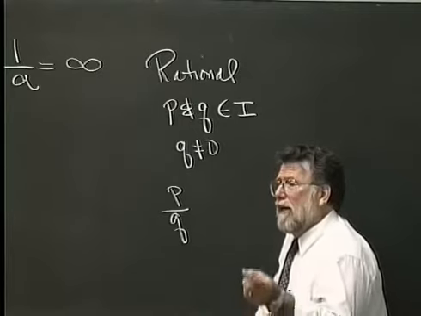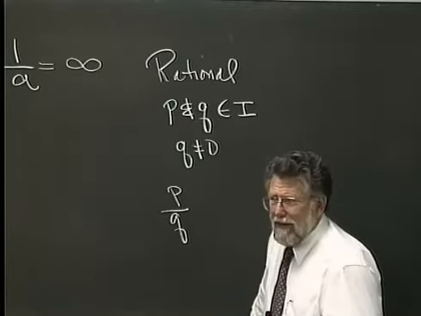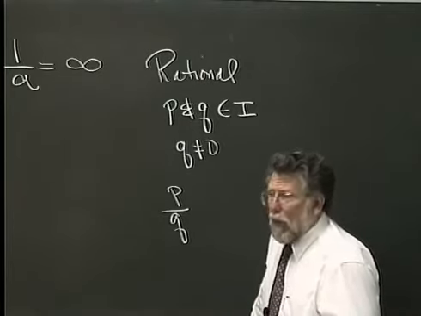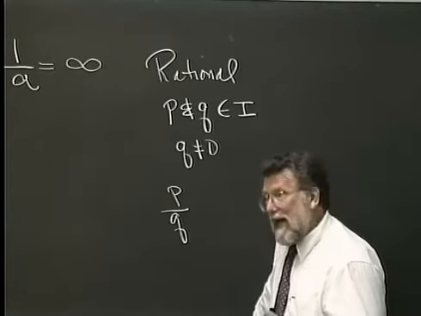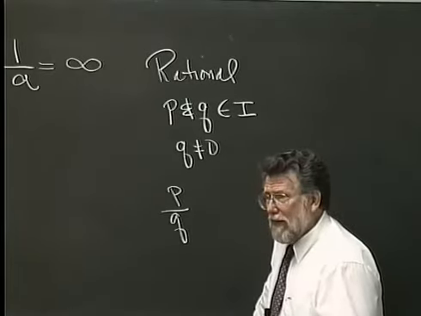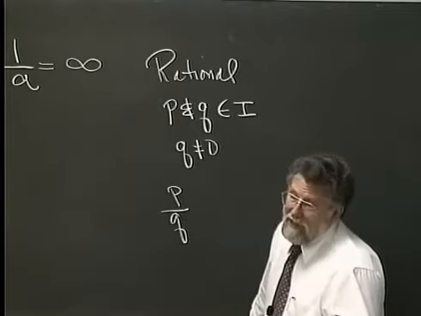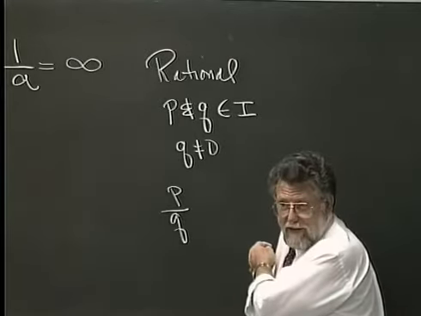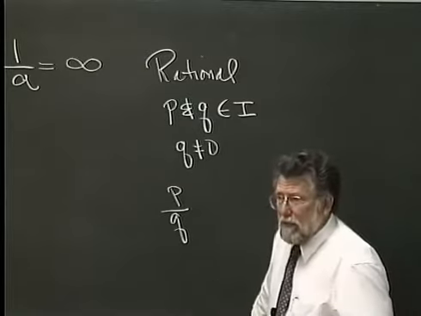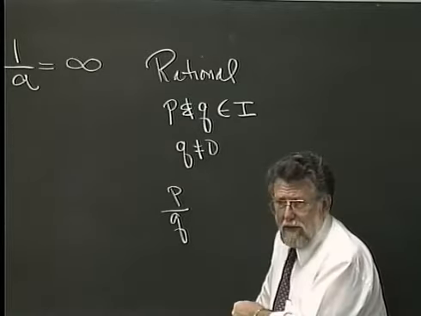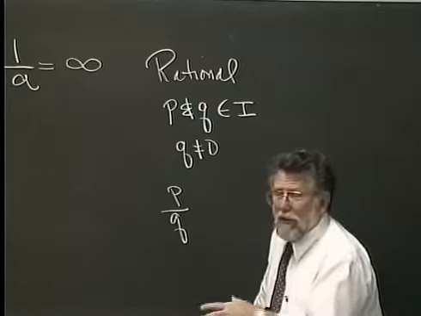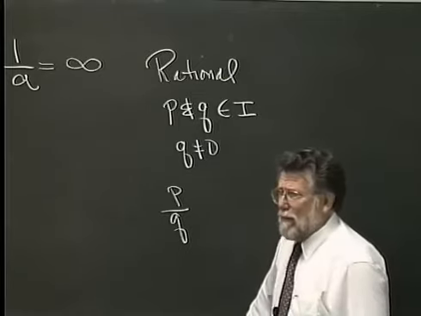Give me a repeating decimal. 0.3 forever. 0.13, 0.1333. 0.66666666. 2/3 can be written as point with 6 forever. Those are all rational numbers.